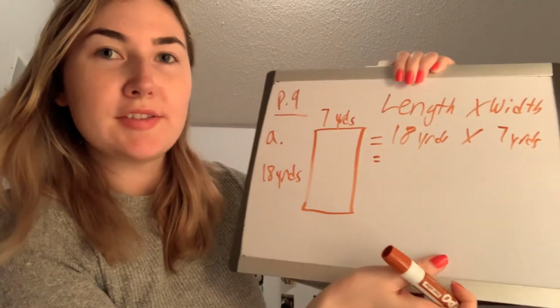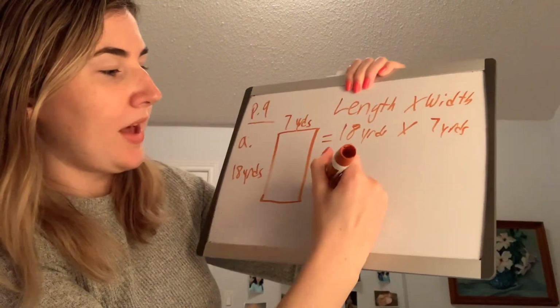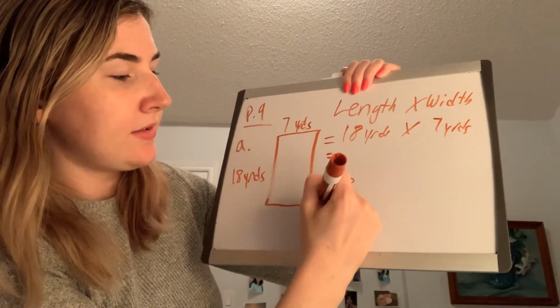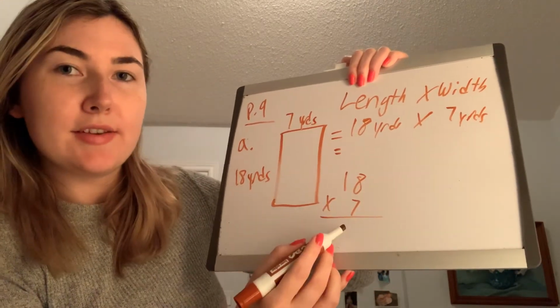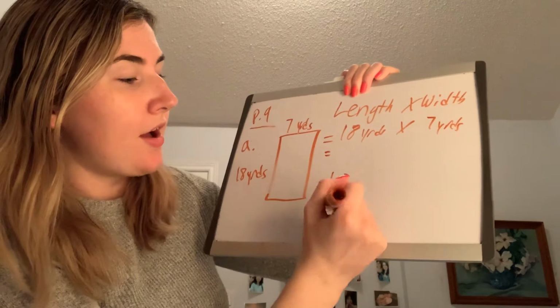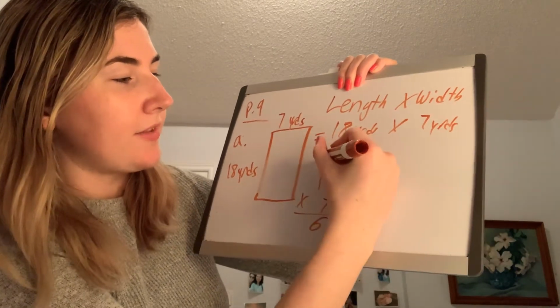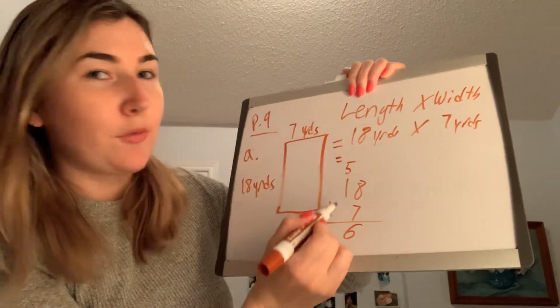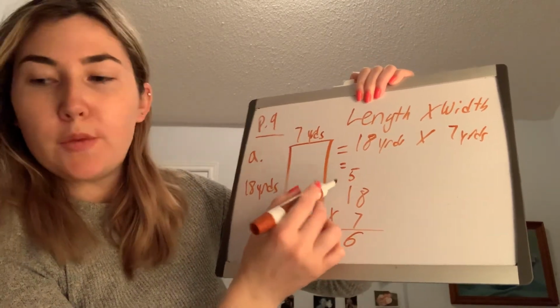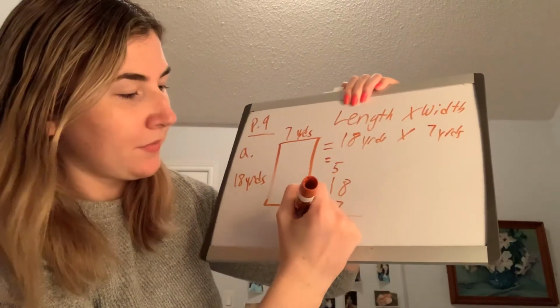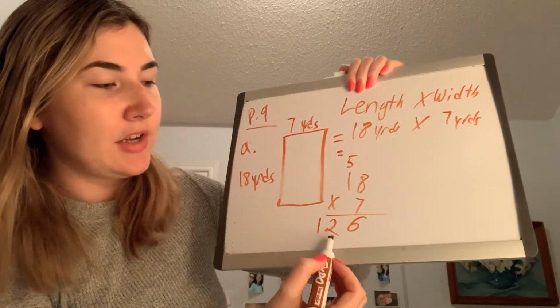So let's solve this on the bottom. So we have 18 times 7. 8 times 7 equals 56. I'll drop the 6 and carry the 5. And then we have 1 times 7, which will give us 7 plus the 5, which will give us 12. So our answer is 126.